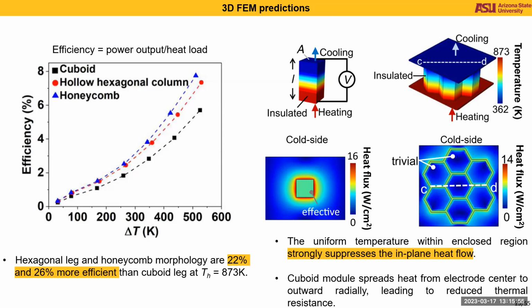And to understand why that is, we need to look at the temperature difference plots and the heat flux maps. So for the same temperature difference across the leg, the inefficient heat spread in the honeycomb architecture basically gives rise to more thermal resistance, and that consequently gives us larger generation efficiency.